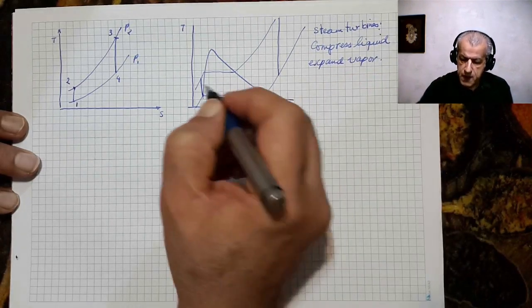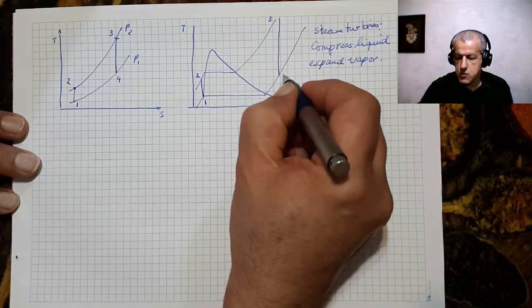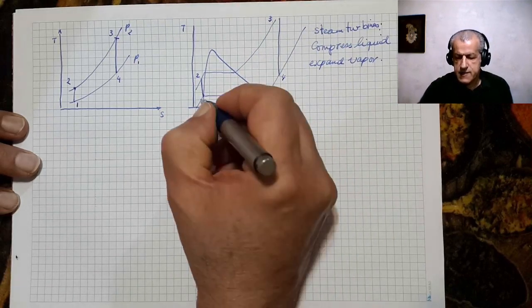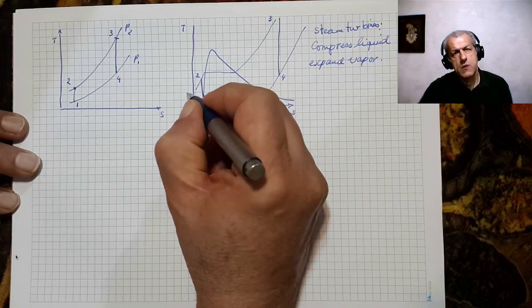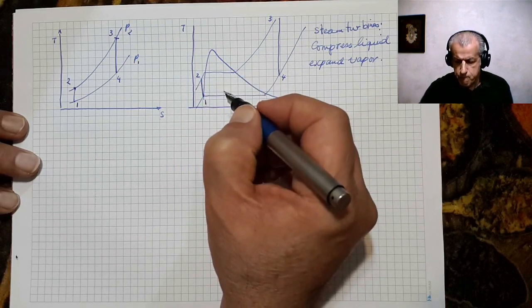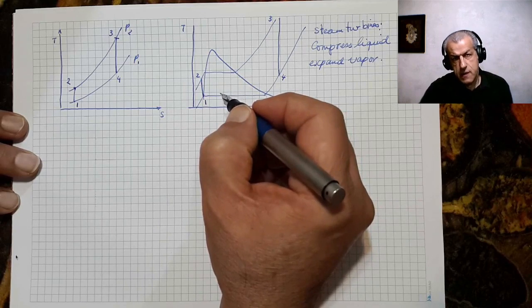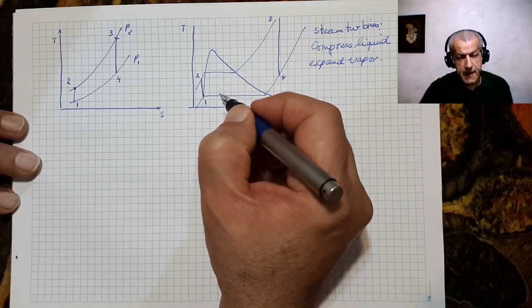You see, if we denote these points with 1, 2, 3, 4, this is the control volume, and in this control volume work is done, and assume that it is adiabatic and it is reversible.